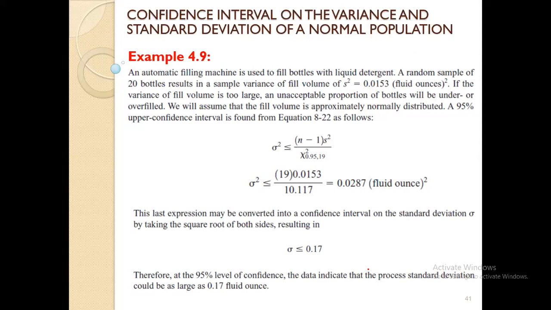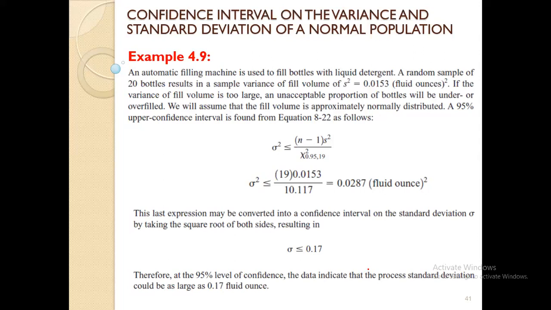For this case, we randomly sample 20 bottles from the population, and then we determine the variance of the sample. The value of the sample is 0.0153 squared. If the variance of the volume is too large, an unacceptable proportion of bottles will be under or overfilled.